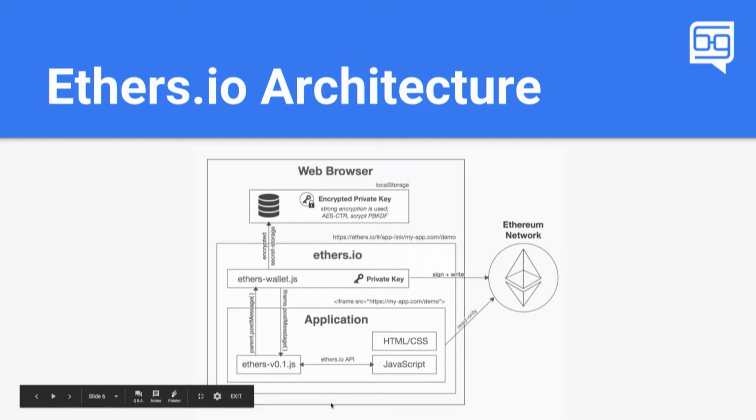Also, the way the Ethers application works, this is the application in the middle, and applications run inside an ethers.io container, which is running inside your web browser. The container sort of manages the keys for you, so you don't have to worry about keeping the keys safe. Your application lives inside this iframe, and we direct to this iframe using this link over here.